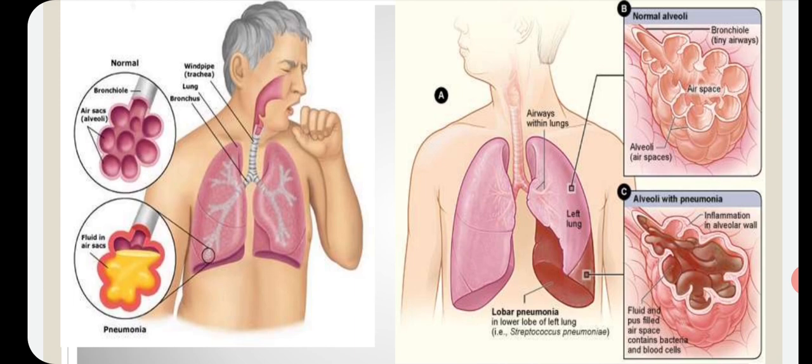Tetracycline and chloramphenicol affect the bacterial ribosome and easily destroy the pneumonia bacteria, and these are the treatment options. People allergic to these drugs are given erythromycin. So erythromycin, tetracycline, and chloramphenicol easily destroy the pneumonia-causing bacteria.